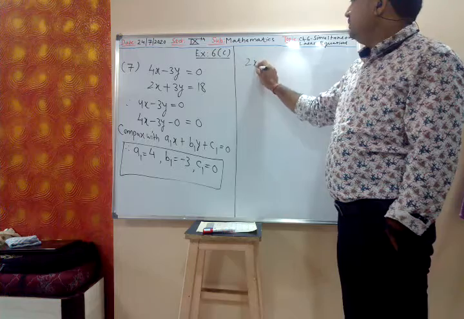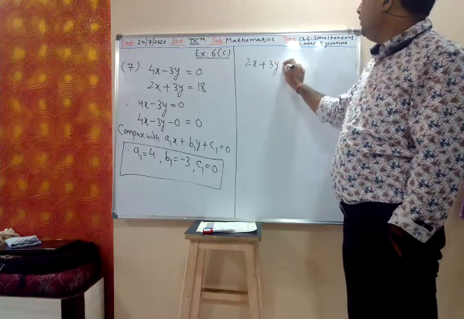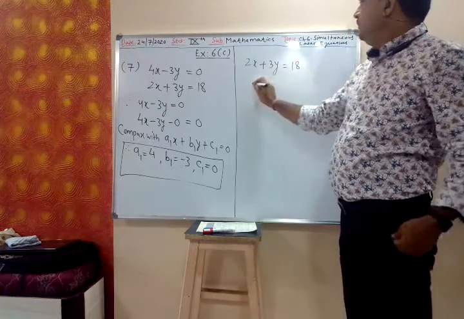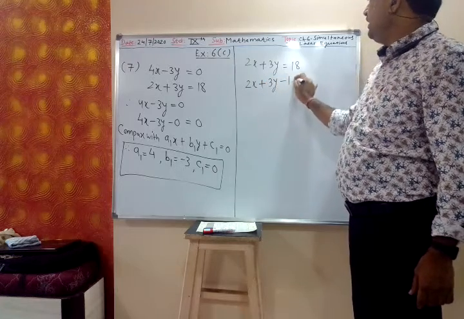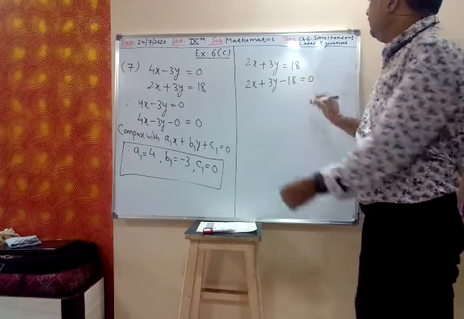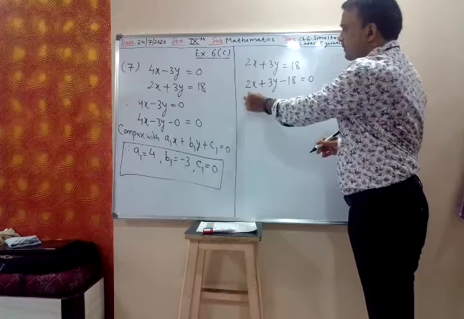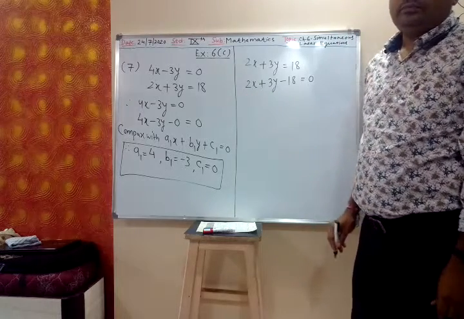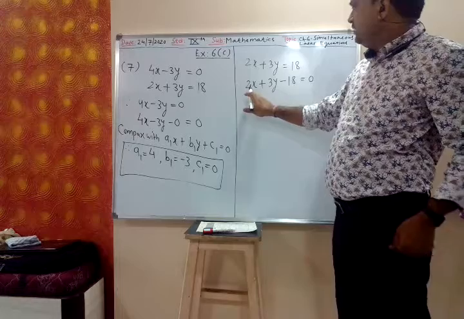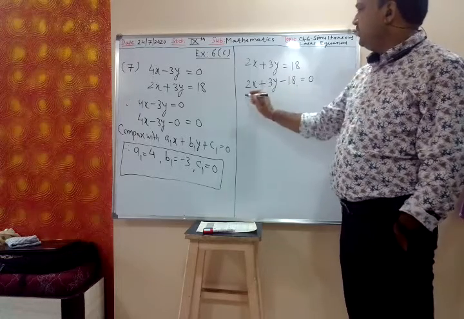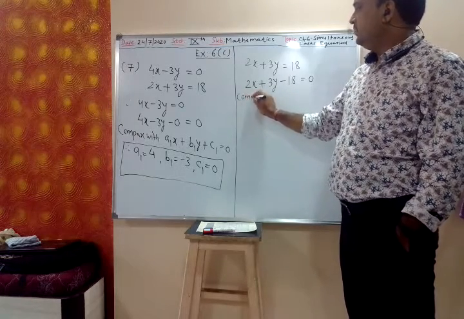So 2x plus 3y is equal to 18, which we write as 2x plus 3y minus 18 equal to 0. You have to write this in the form of a2x plus b2y plus c2 equal to 0. So compare.